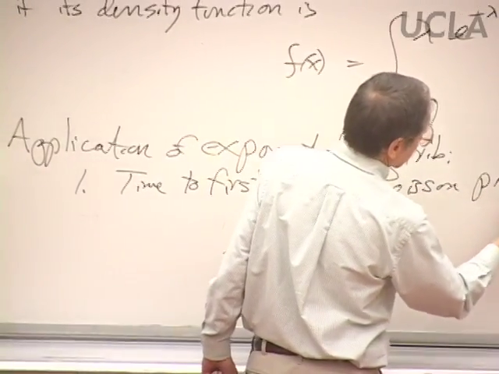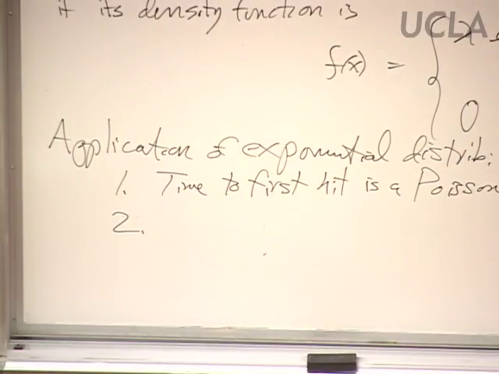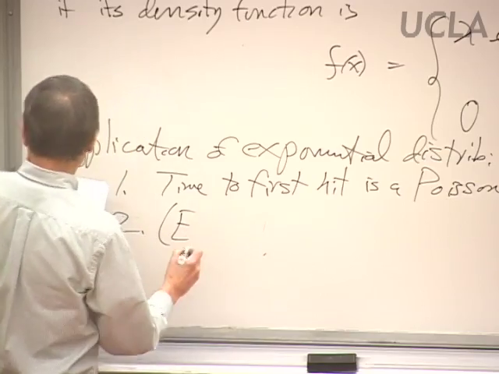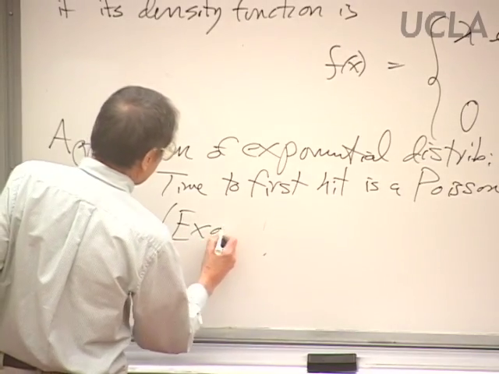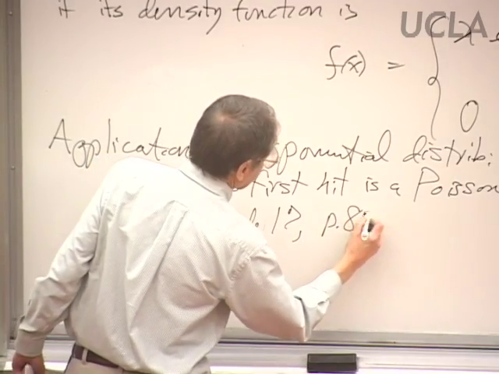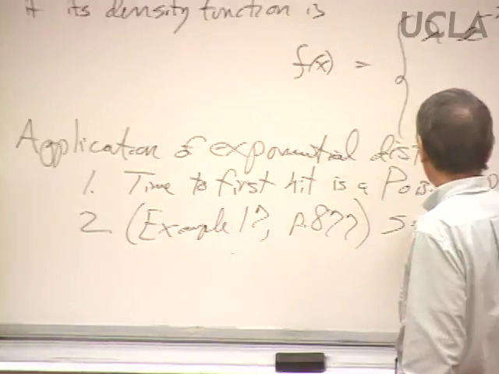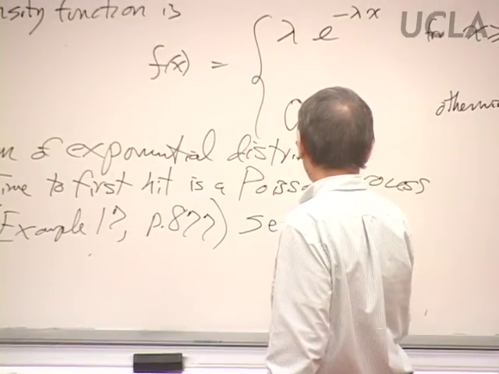A very different sort of application, which you'll read about in the book, Example 17, applies the exponential distribution to dispersal of seeds.